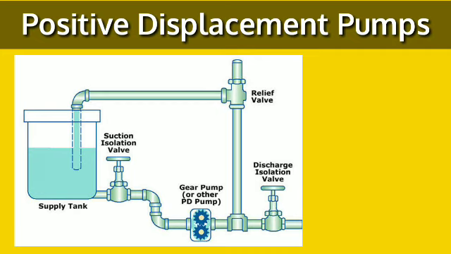So to remove this risk, we must install a relief valve on the discharge side. In case of any obstruction on the discharge side, if pressure keeps on increasing, this relief valve will lift and release the pressure, which will keep both pump and pipeline safe.